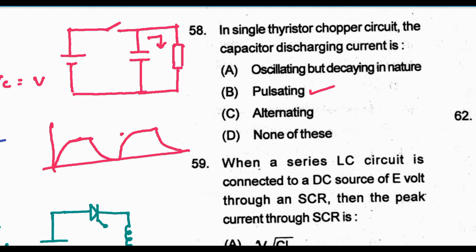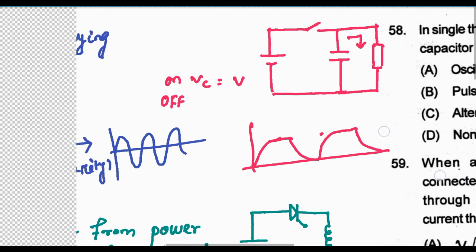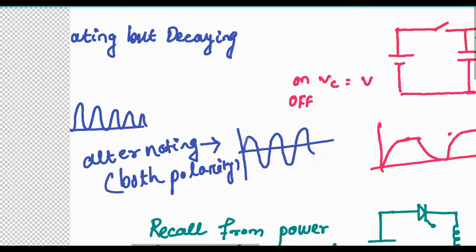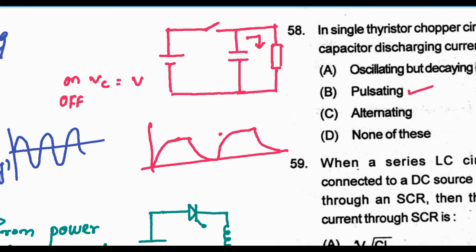So here, in the case of a thyristor chopper circuit, the capacitor discharging current. Here this is one of the choppers, and here is the capacitor. When this switch is closed, this capacitor will be charged exponentially to the V source voltage, V source is the DC voltage.